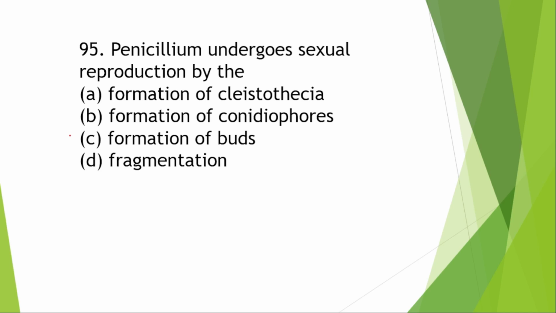Next, 95. Penicillium undergoes asexual reproduction by: A. formation of cleistothecia, B. formation of conidiophore, C. formation of buds, and D. fragmentation. Here the right option is formation of cleistothecia.